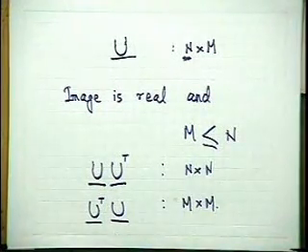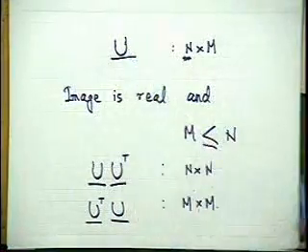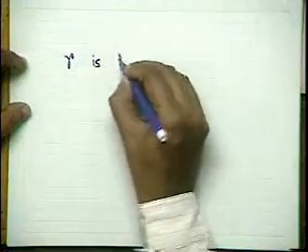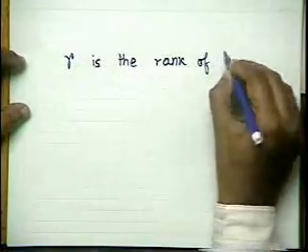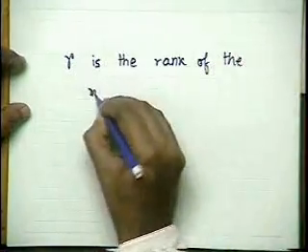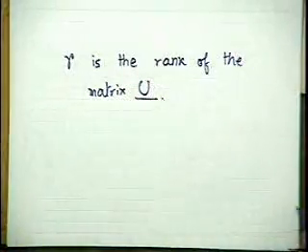And I am going to consider the rank of this matrix U. I am assuming that it is equal to R, so I assume that small r is the rank of the matrix U.